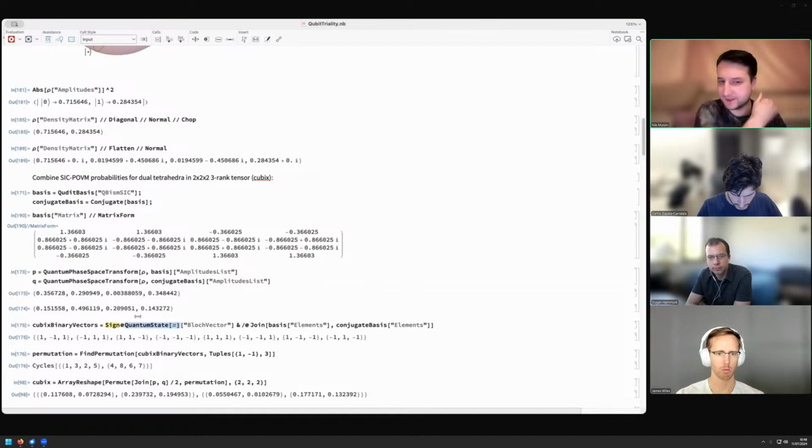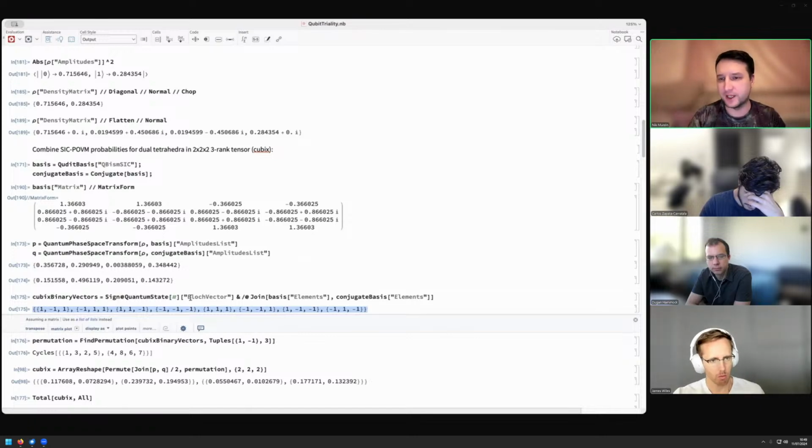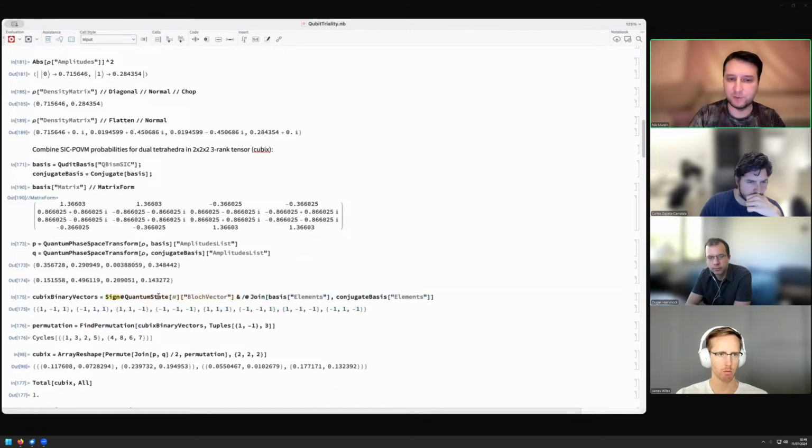So what you can do next is, okay, we know that we have those 8 vertices on the cube, right? You can enumerate them by some combination of 1 and -1 triples. I basically extract them from the corresponding Bloch vectors here and take the sign.